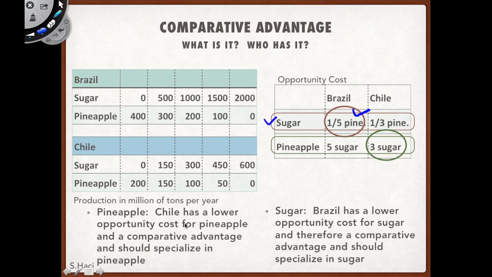The lower opportunity cost translates into a comparative advantage. All right. So in this case, Chile has a lower opportunity cost for pineapple, therefore has a comparative advantage for pineapple and should specialize in pineapple. And the opposite is true for Brazil. Brazil has a lower opportunity cost for sugar, therefore has a comparative advantage for sugar and should specialize in sugar.